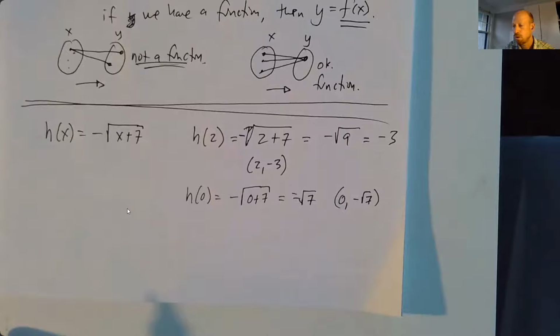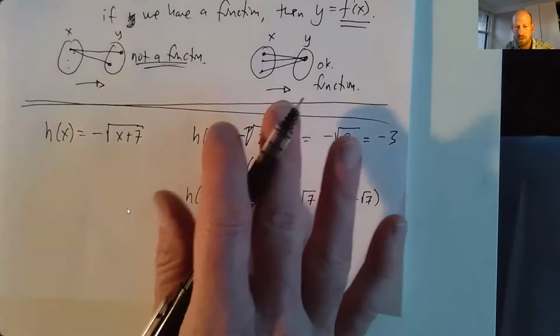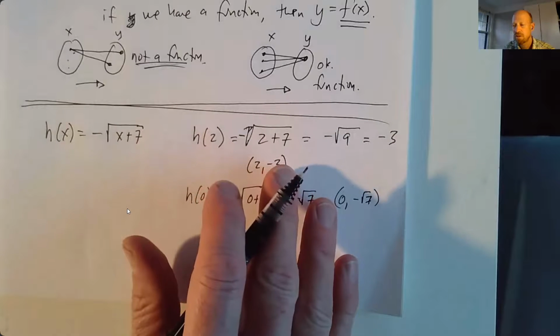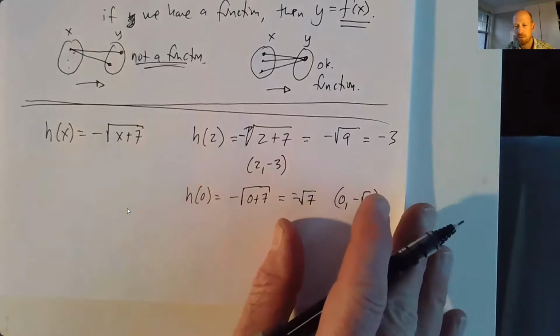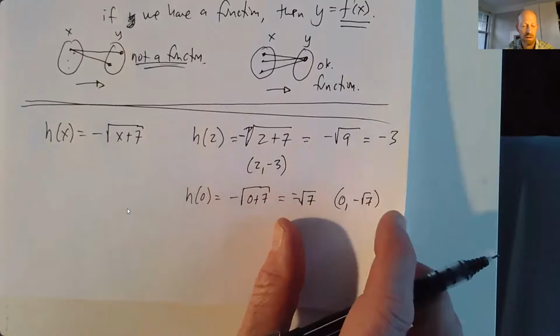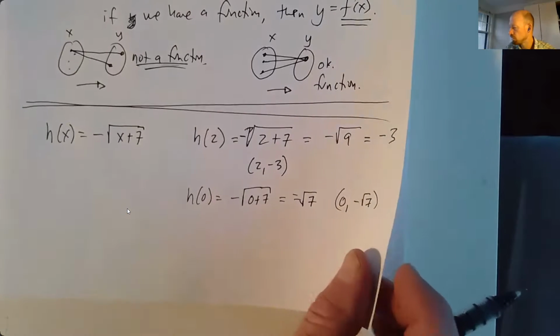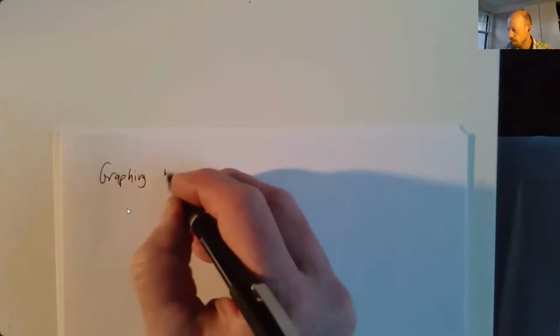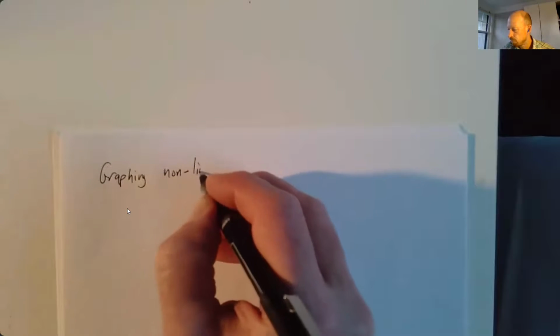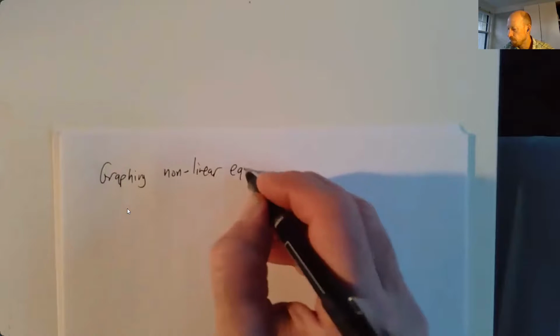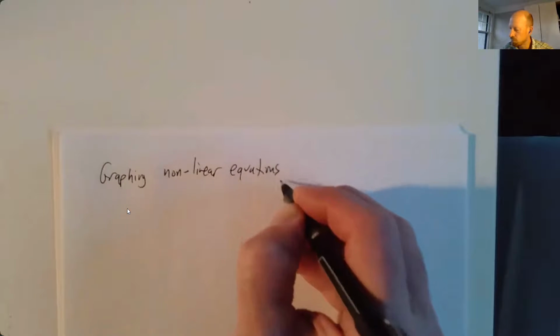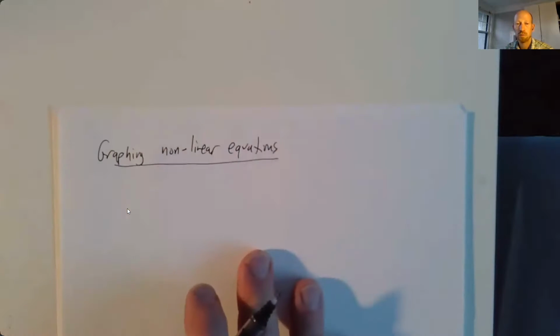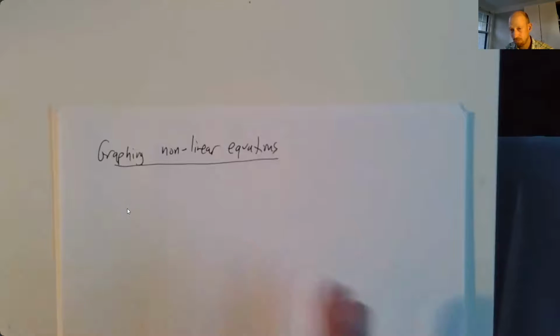Okay. Now, that's one part of this. The second part of it, and this is something I want to talk about as well, is graphing nonlinear equations. So we know how to graph lines, hopefully, right?